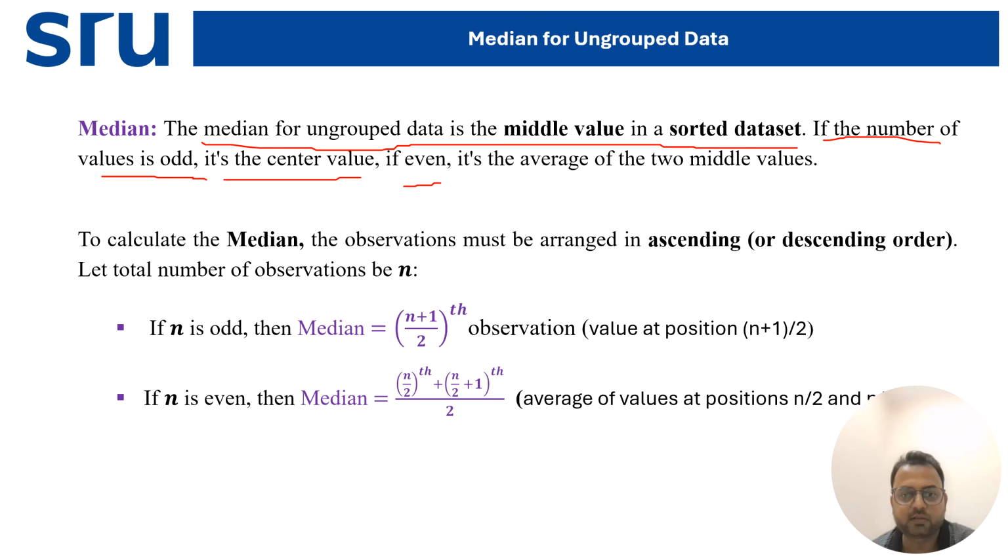If the number is even, then we take the average of the two middle values. So if n is odd, the median is the value at position (n plus 1) by 2. If n is even, we take the average of the values at positions n by 2 and n by 2 plus 1.